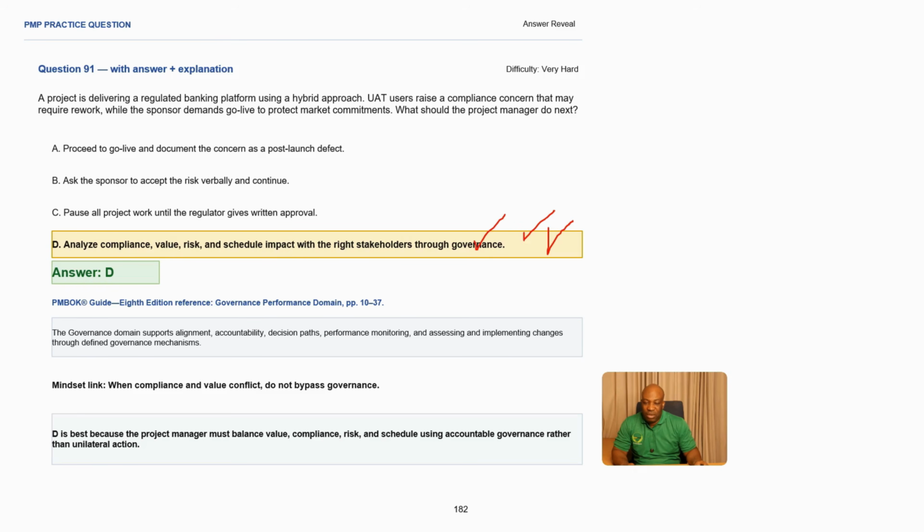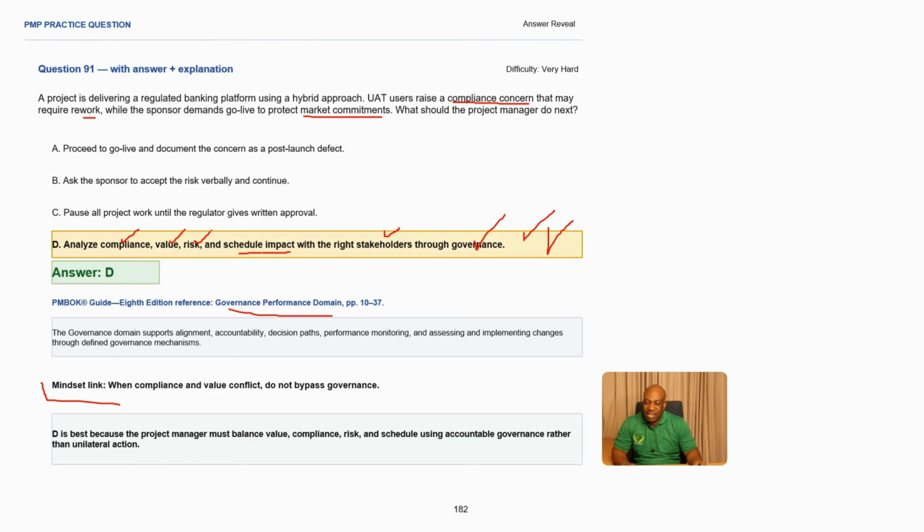So we have a compliance concern here from users, and it's going to require some rework, although the sponsor is demanding that we must protect the market commitments. So we need to analyze compliance, value, risk, and also the schedule impact with the right stakeholders. This is going to help this particular banking project. How do we link this to the PM book? It's the governance performance domain. And what is the best mindset?